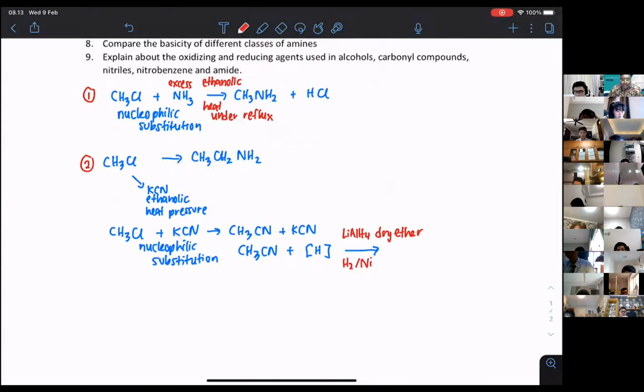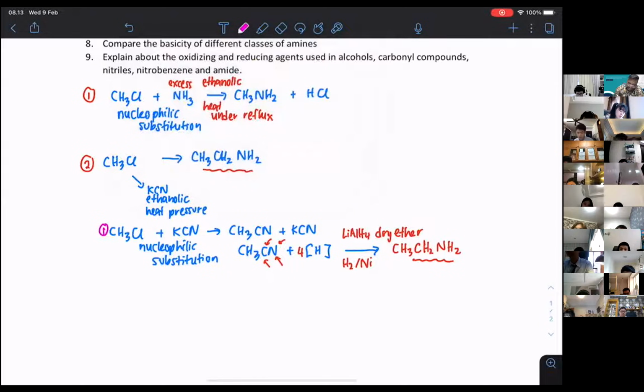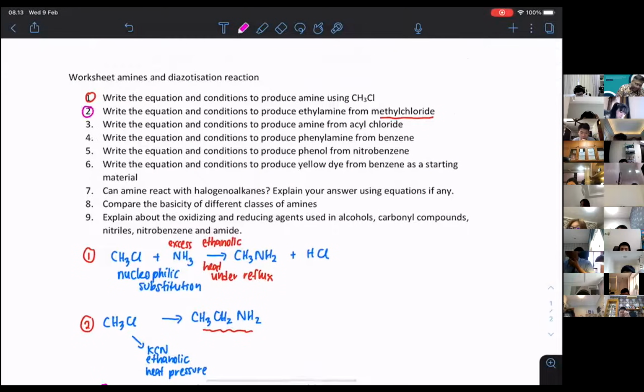Under these conditions, two hydrogens will come over here and another two hydrogens over here, so you need 4H, and you will get CH3CH2NH2. This is your ethyl amine. So these are the two reactions you need to follow, equation number 1 and equation number 2. That explains question number 2.